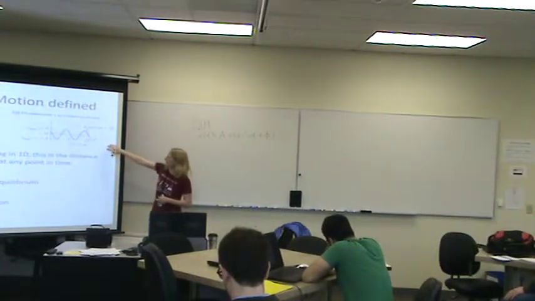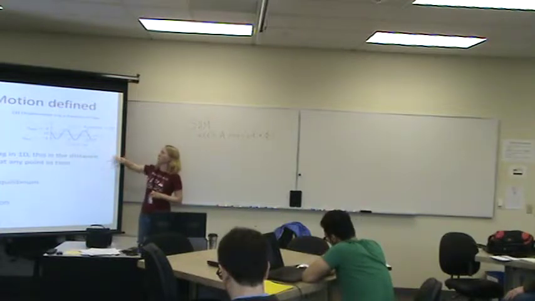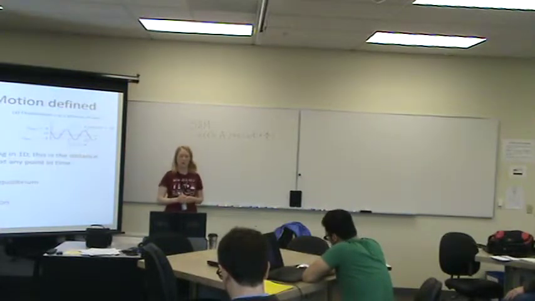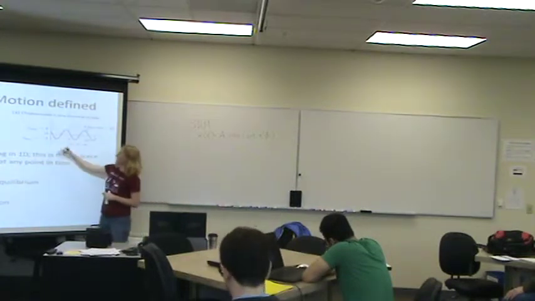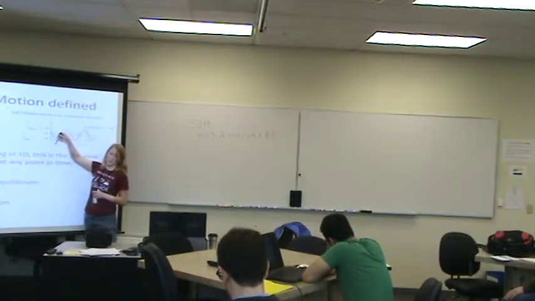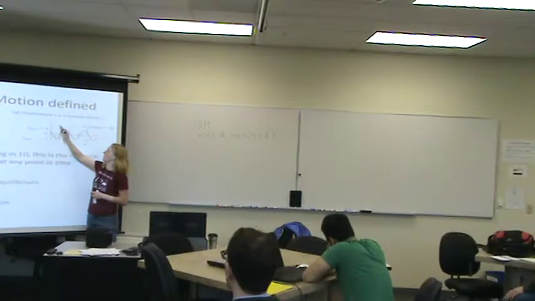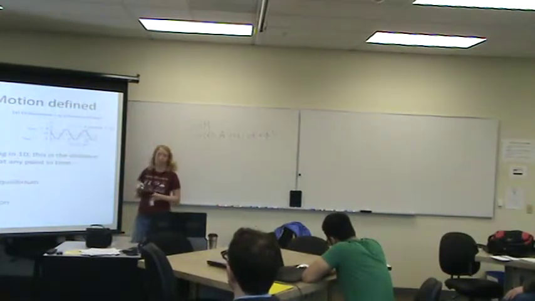And so here we have a sine function, and that's what we're going to be dealing with for the next couple weeks, sine function. So our y-axis is x, which is confusing, I realize that. Our y-axis is position, and our x-axis is time.